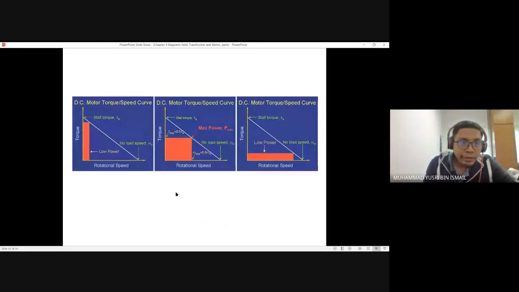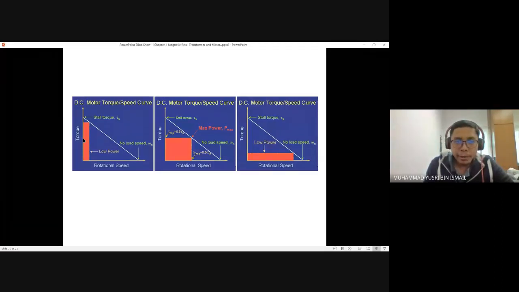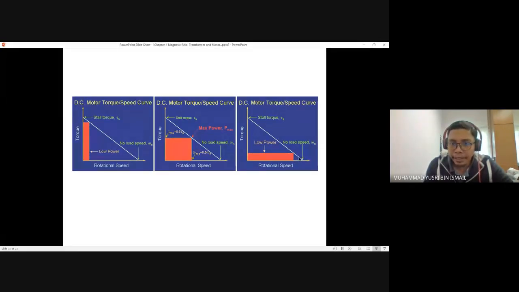Okay, if you operate the motor at a low rotational speed, then you will have this kind of power characteristic. Meanwhile, if you operate at a higher speed, then you will have a low power.